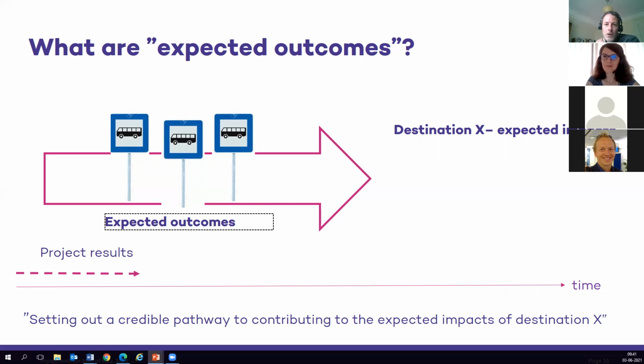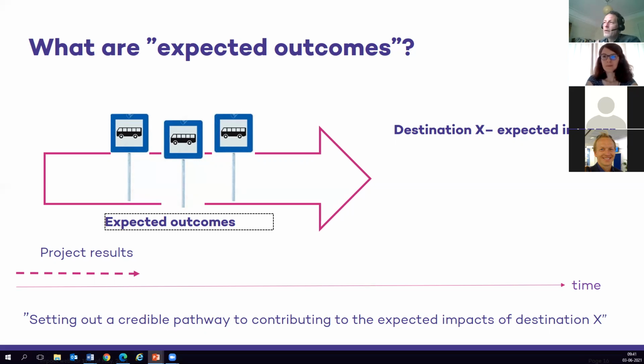So the outcomes are not project results. They are something that is enabled by the project's results. When can you deliver on them? Well, that depends on your project, and it depends on the expected outcomes.